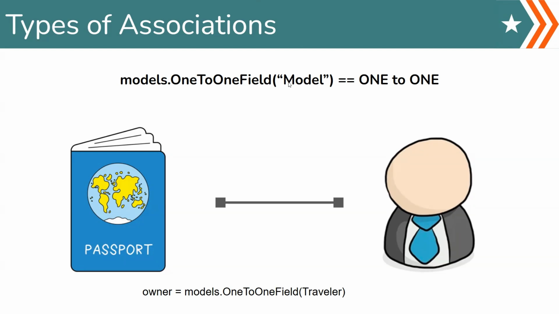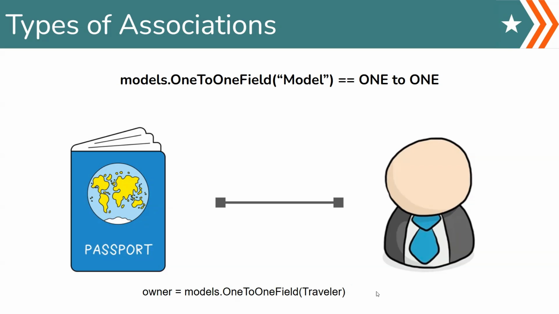One-to-one means one person can belong to one passport, and one passport can only belong to one person. If we had two different models, where one model is a person and a different model is a passport, then on the passport model there would be a field called owner, and we would assign it models.OneToOneField with the first argument being traveler.